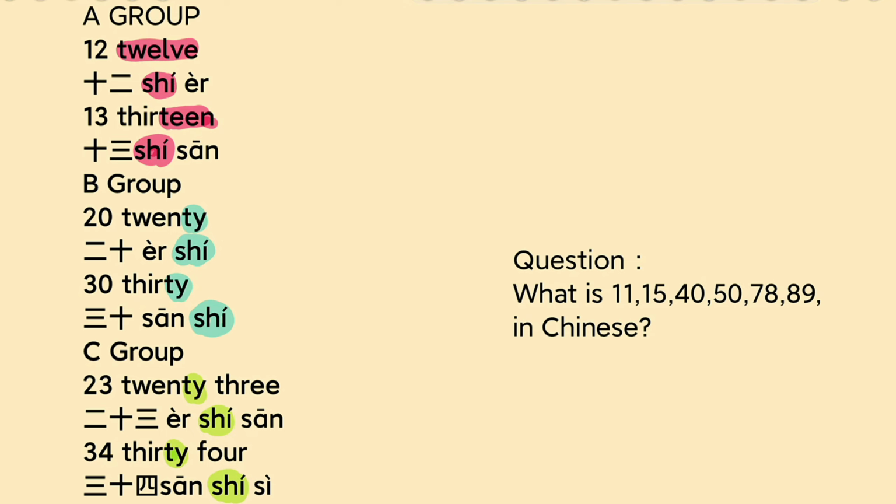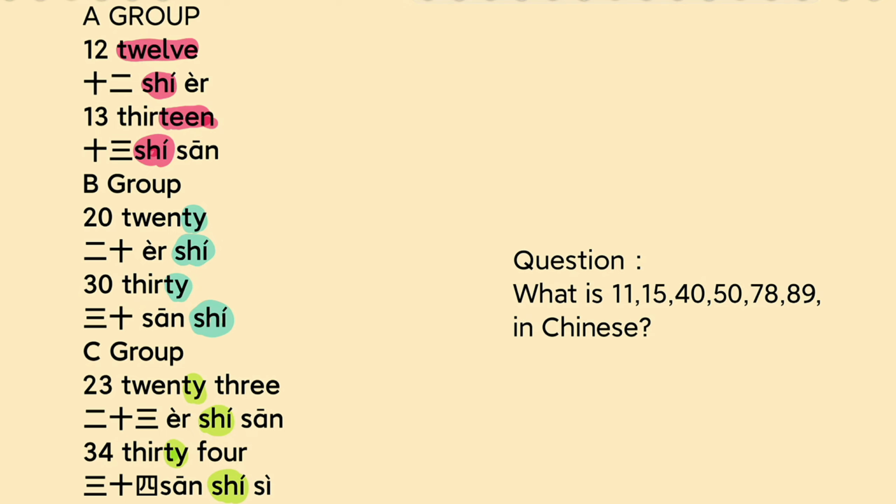And you can observe that in the A group, I use the pink mark. The 10 is in the first place, right? But in the group B, the blue mark, the 10 is in the last place. But in the C group, the 10 is in the middle. For the green group, green mark.